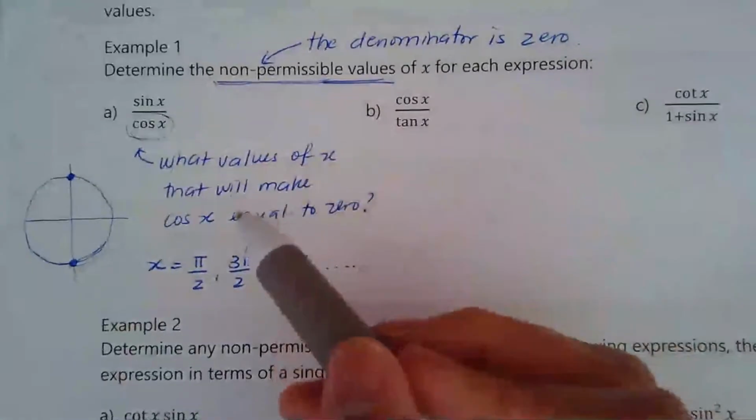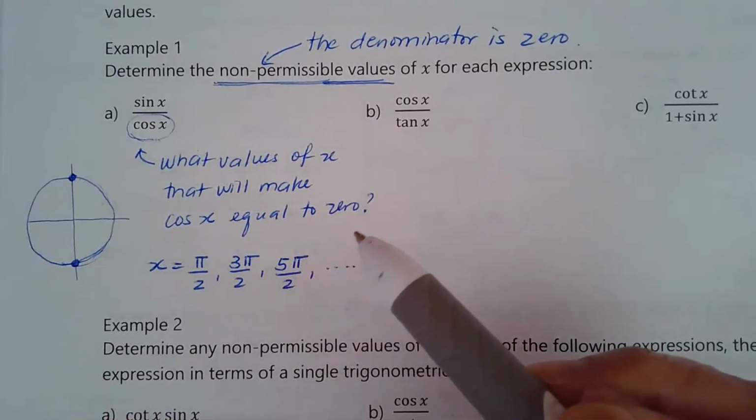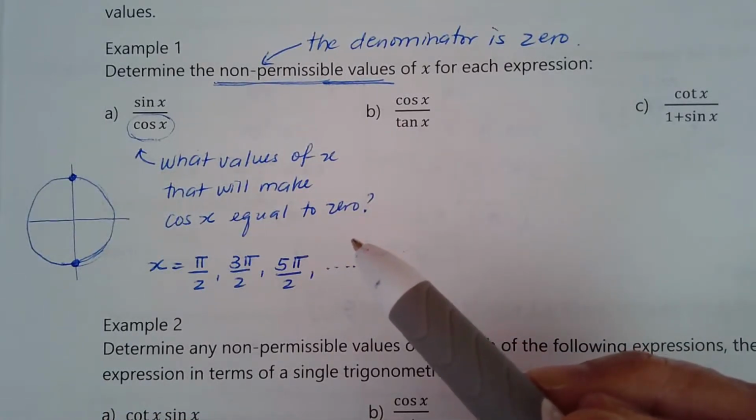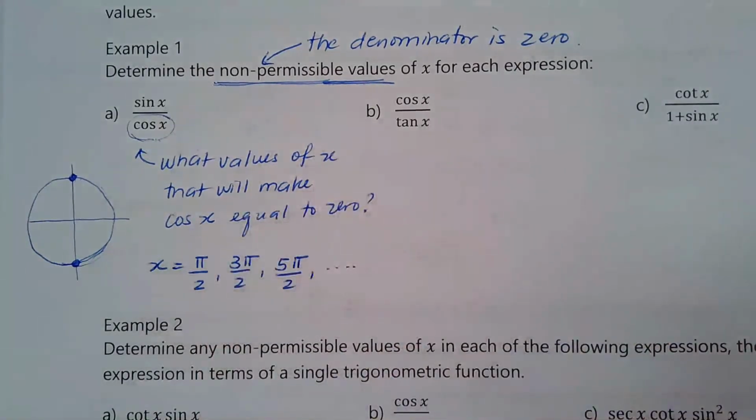It's really every odd multiple of pi halves, right?